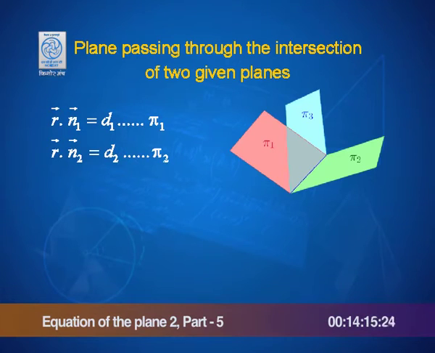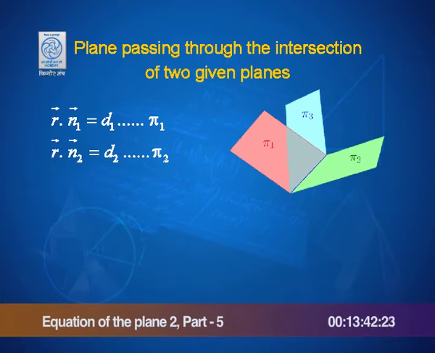In this figure you can see planes pi 1 and pi 2 intersecting in a line, and through that line I need to figure out how to find the equation of a plane, say pi 3. To begin with, if I know planes pi 1 and pi 2, their equations would look like r dot n1 vector equal to d1 and r dot vector n2 equal to d2, where n1 and n2 vectors are the normals to the given planes.